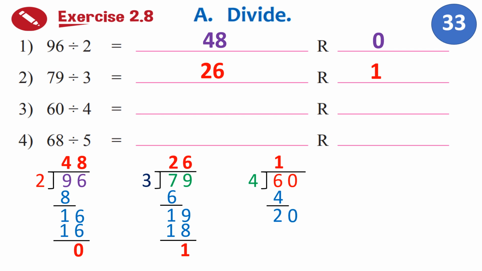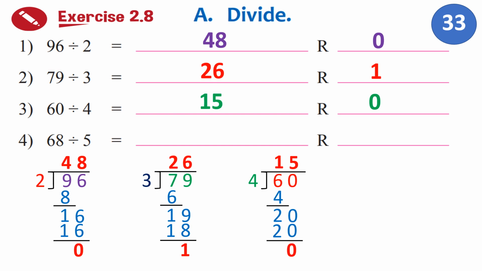You have 20. 20 divided by 4 is 5. 5 times 4 is 20. 20 minus 20 is 0. Your answer for number 3 is 15, and then remainder is 0.